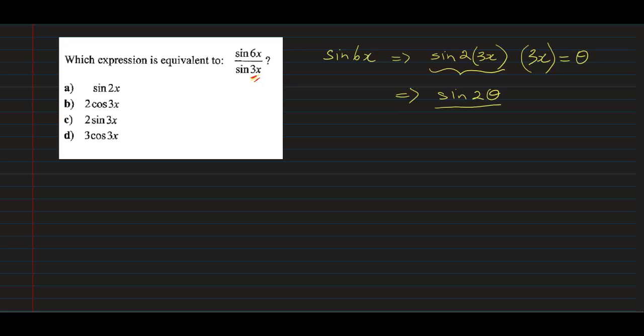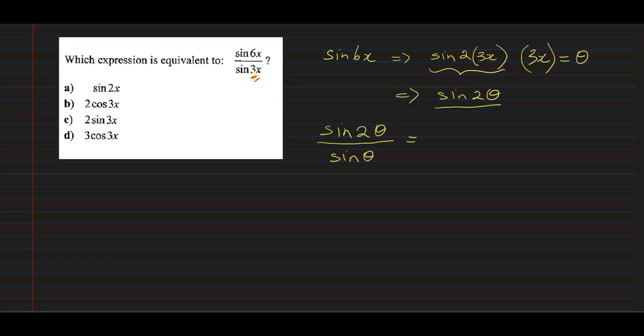Sine of 6x over sine of 3x is written as sine of 2 theta. Remember, theta was 3x, so just replace that. And since theta is 3x, I can rewrite sine of 3x as just sine of theta.